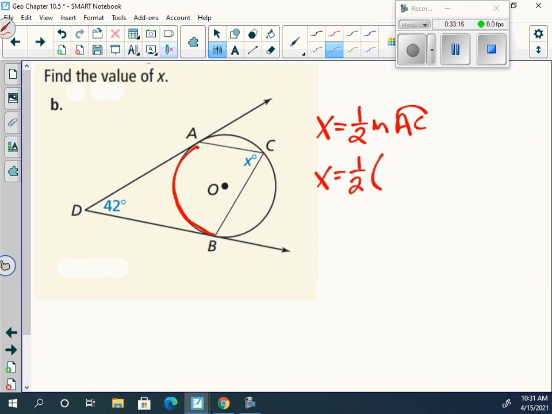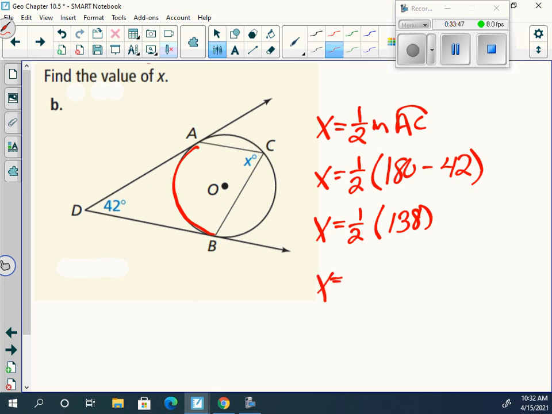But as we saw already, AC is really equal to 180 minus 42, because the central angle and that arc are going to be the same. So really that arc and that exterior angle should add together to be 180. Well, 180 minus 42 is going to be 138.